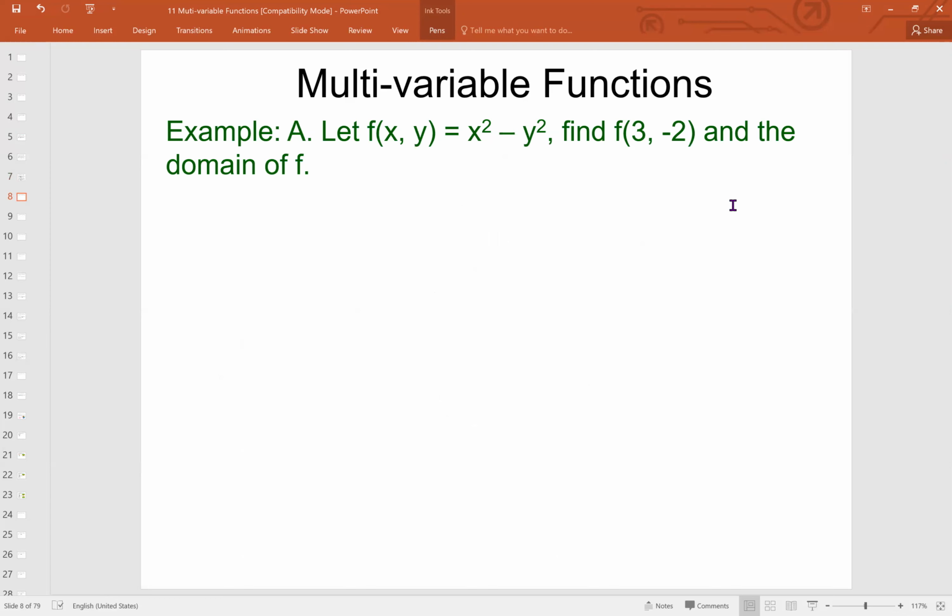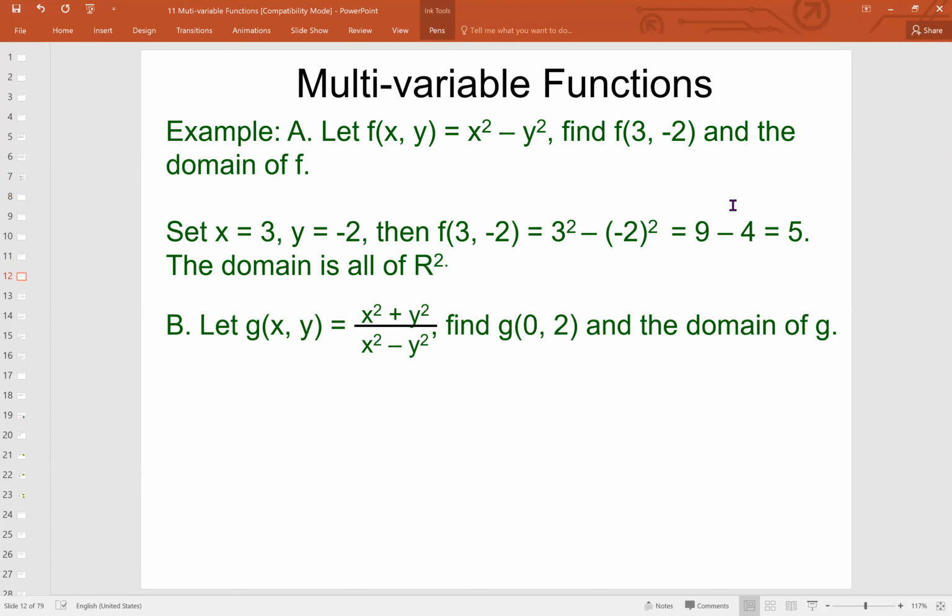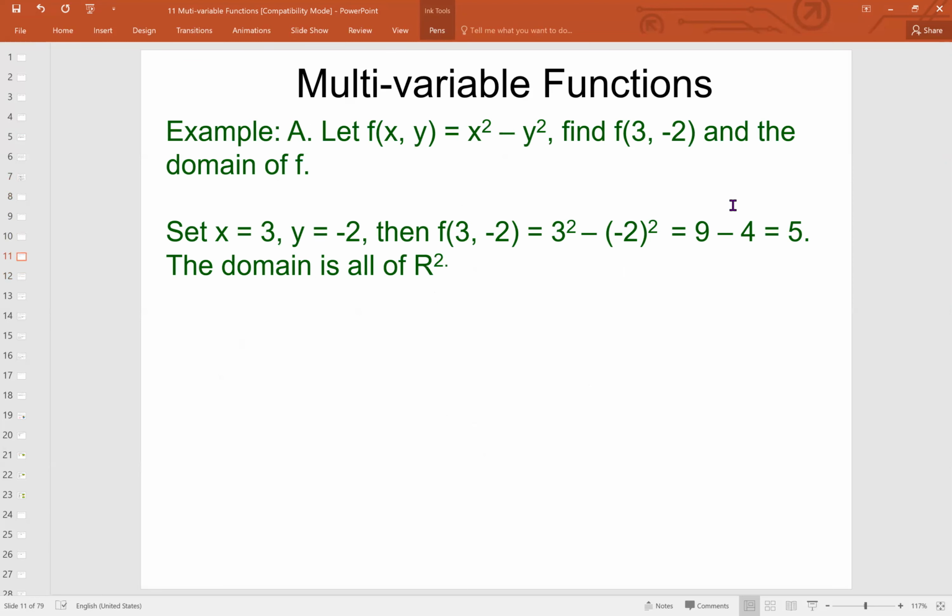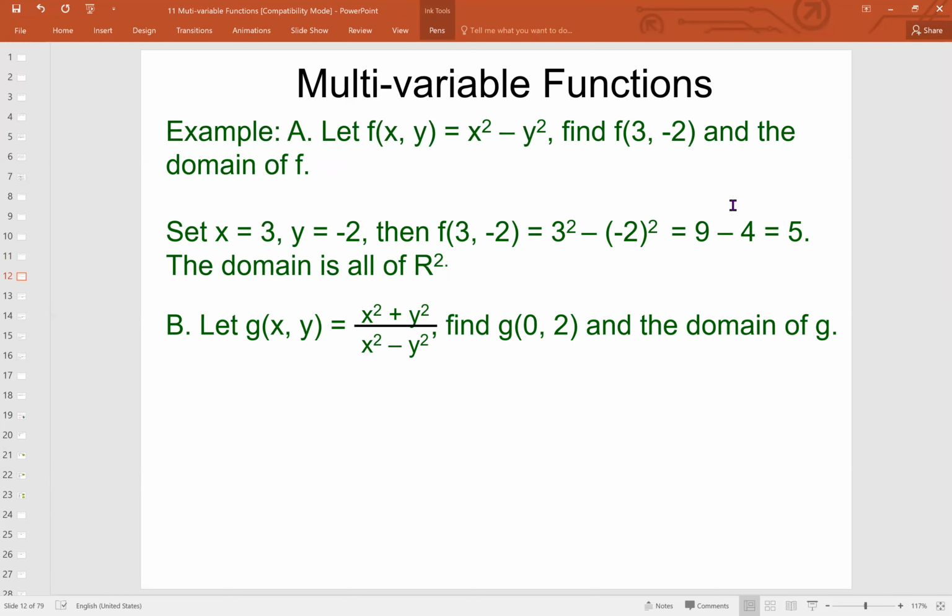So here is a formula in two variables, and we can evaluate and ask what the domain is, what the restrictions on x, y are. Example A has no restriction. However, for example B, there are restrictions for g of x, y. Plugging in 0 and 2, we get the outcome -1.